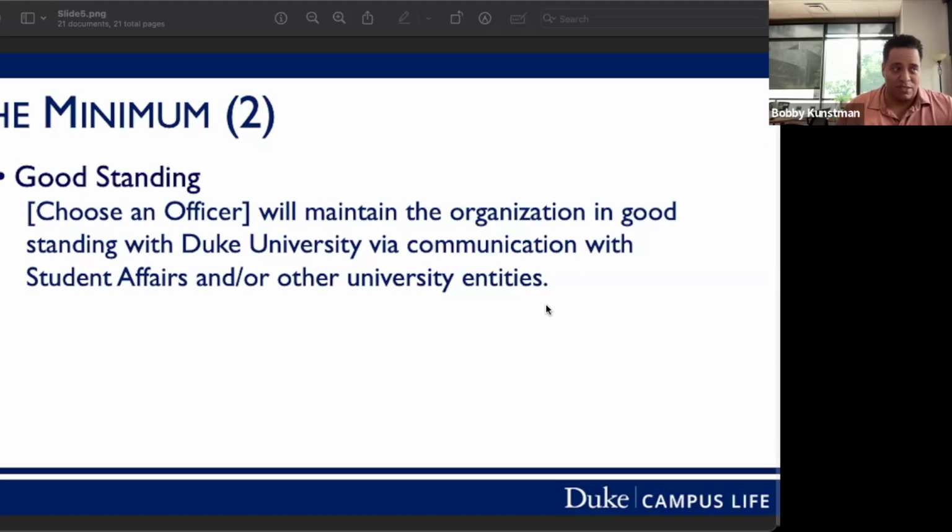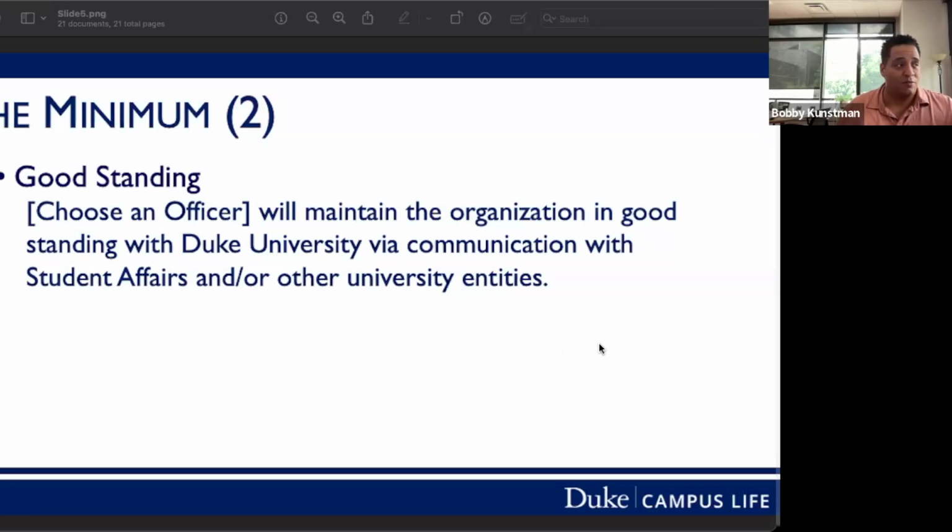So the president will maintain, or you may say it's the secretary, or you might have a vice president of communications. What you really want to do is ensure that you are identifying a student officer position. And I want to emphasize student officer position; it shouldn't be the student organization advisor. So those are the two minimum requirements that we are asking of folks to include within your constitution.